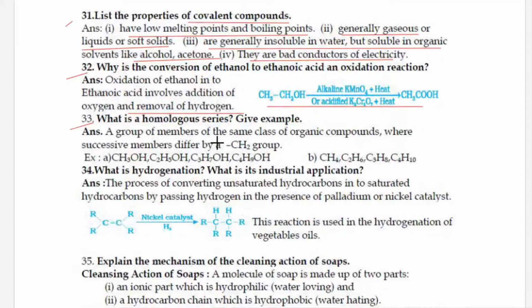A group of members of the same class of organic compounds where successive members differ by a CH2 group is known as homologous series. Example: CH3OH, C2H5OH, C3H7OH, C4H9OH, and another example here: CH4, C2H6, C3H8, C4H10.